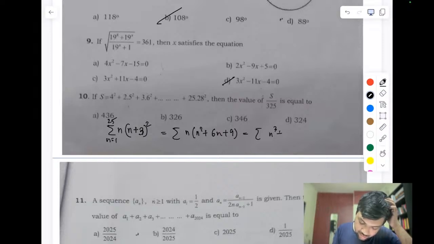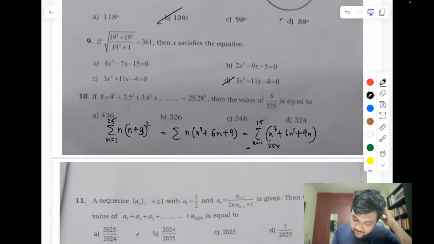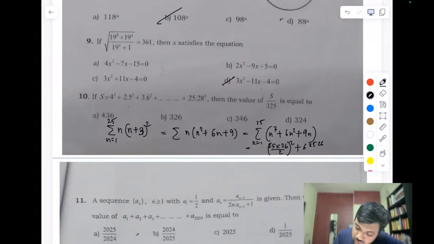The blind way to do it is to apply all the formulas. Summation of n cube is 25 into 25 plus 1 by 2, the whole square. 6 into summation of squares is n into n plus 1 into 2n plus 1 by 6.